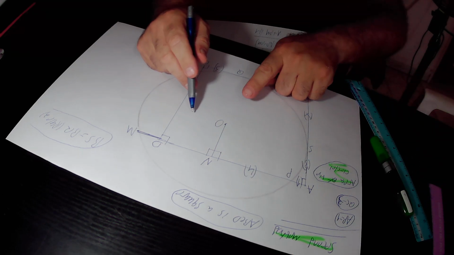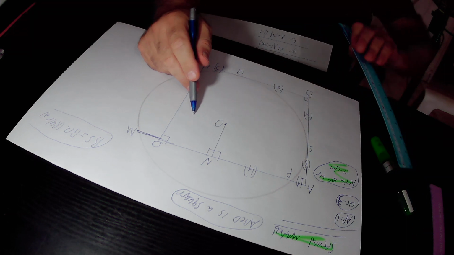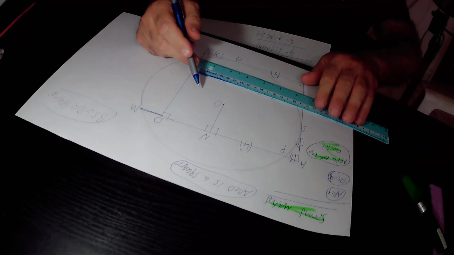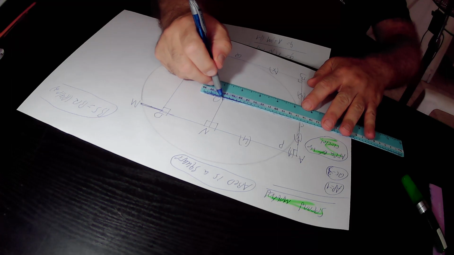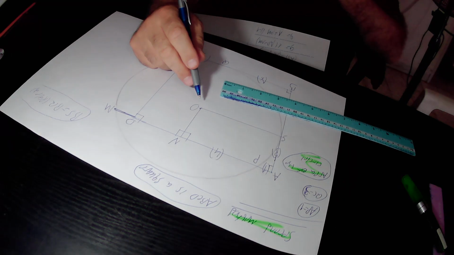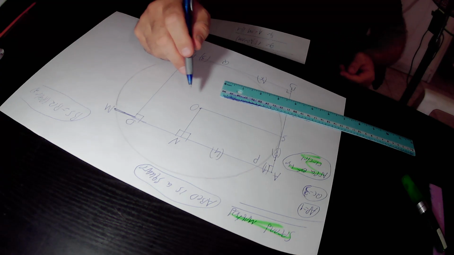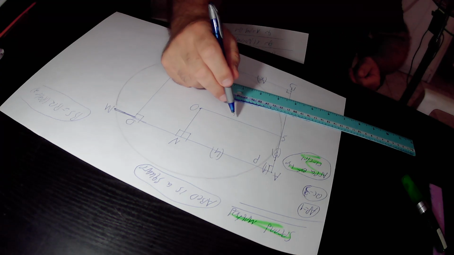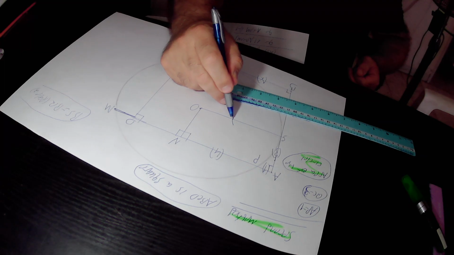In the next step, we join points O and S together by a straight line. OS is the radius of this circle, that is equal to x according to our definition.